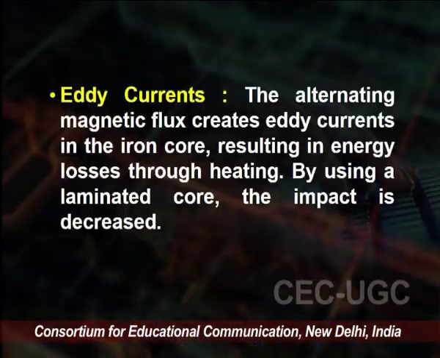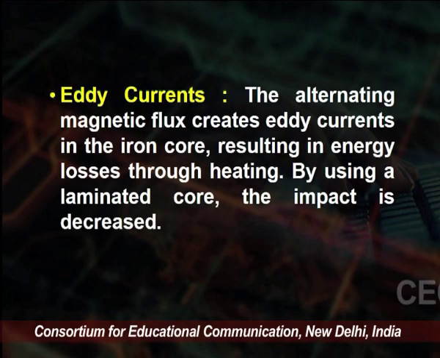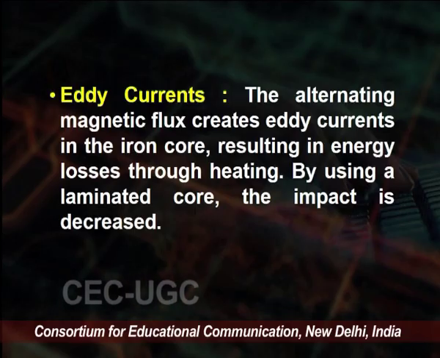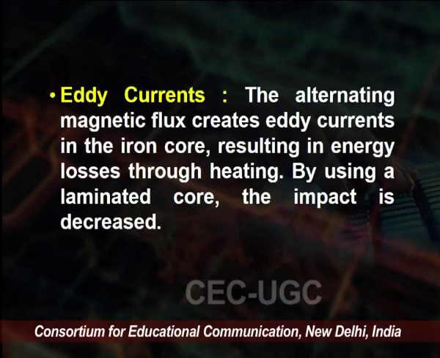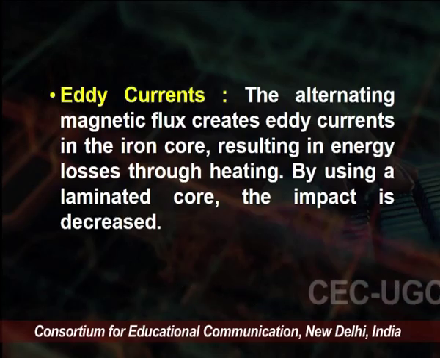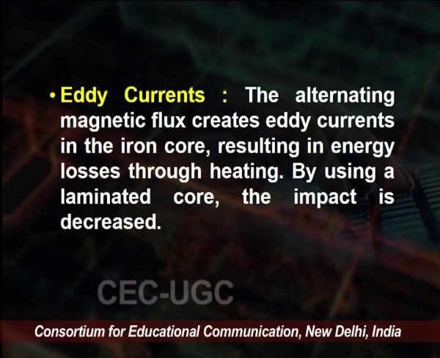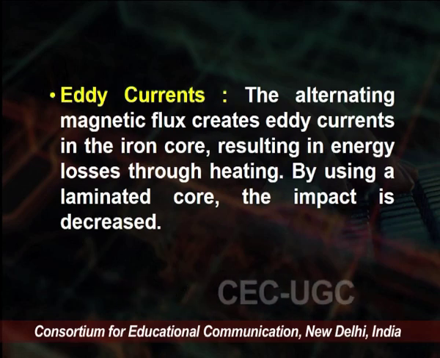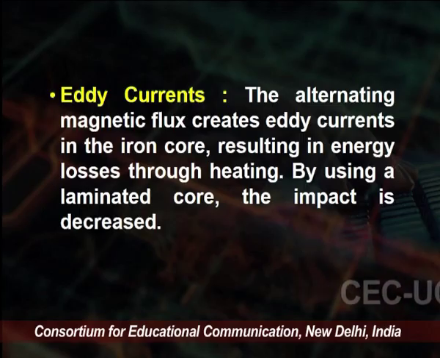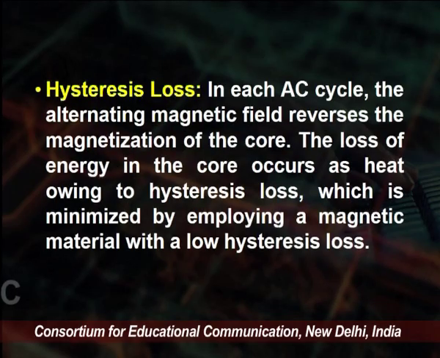The alternating magnetic flux creates eddy currents in the iron core, resulting in energy losses through heating. By using a laminated core, the impact is decreased.